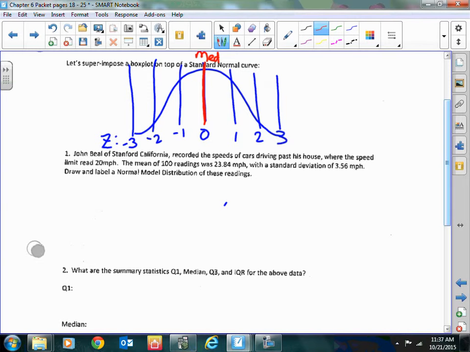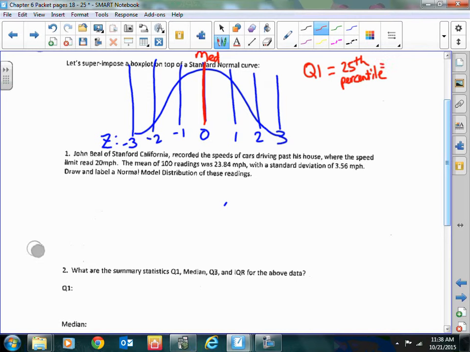Okay, so Q1 will be located at where? Yes, Q1 is at the 25th percentile. Well, where's that on here? What z-score would that be? It's going to be at the 25th percentile. That means 25% is below it.